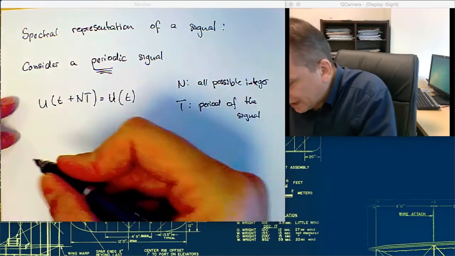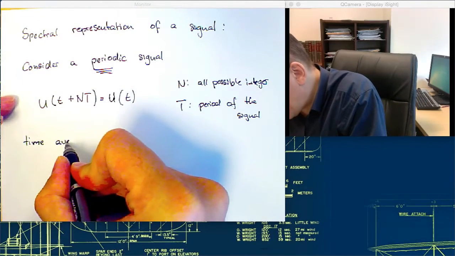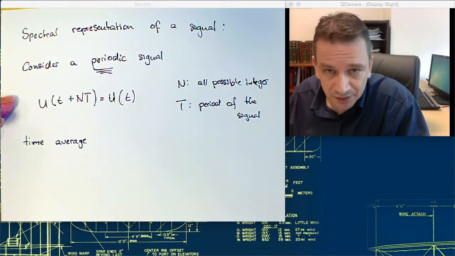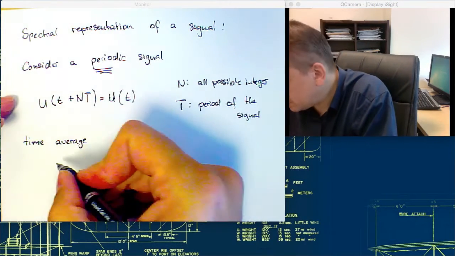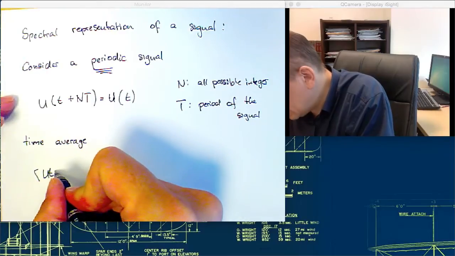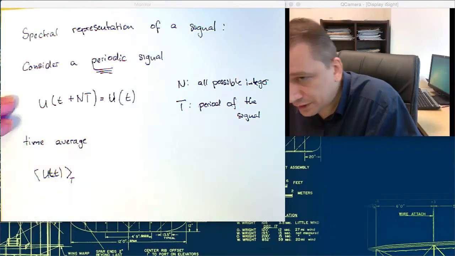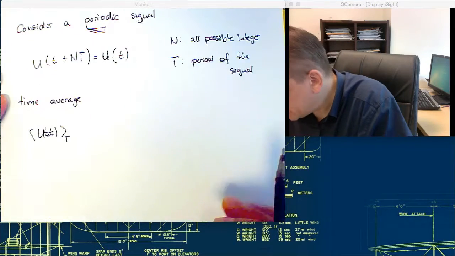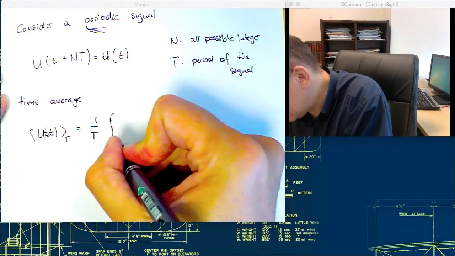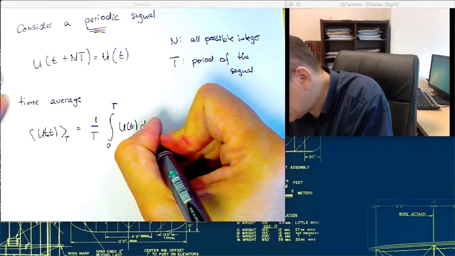All right, so the time average. Originally we need to average over the entire time until infinity, but here we just need to average u of t over one period, because it repeats itself. So 1 over T, integral from 0 to T, u(t) dt.